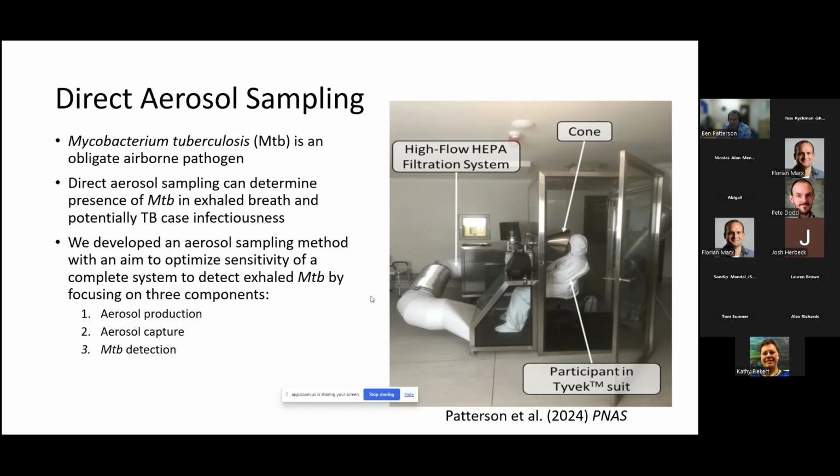The collection is made by a cyclone collector and collected into liquid, which is at the cone apex.